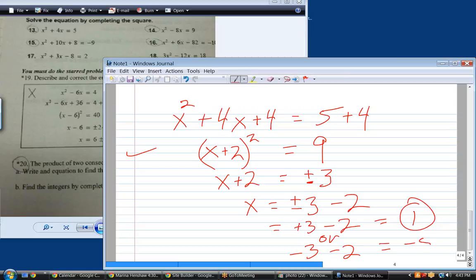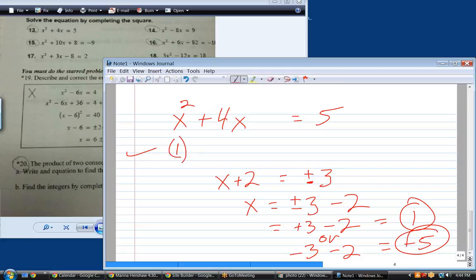This answer is minus 5. So both of these answers should be true. And if we go back and we look at the original equation and plug in 1, I get 1, because 1 squared is 1, plus 4 equals 5, so that one works.